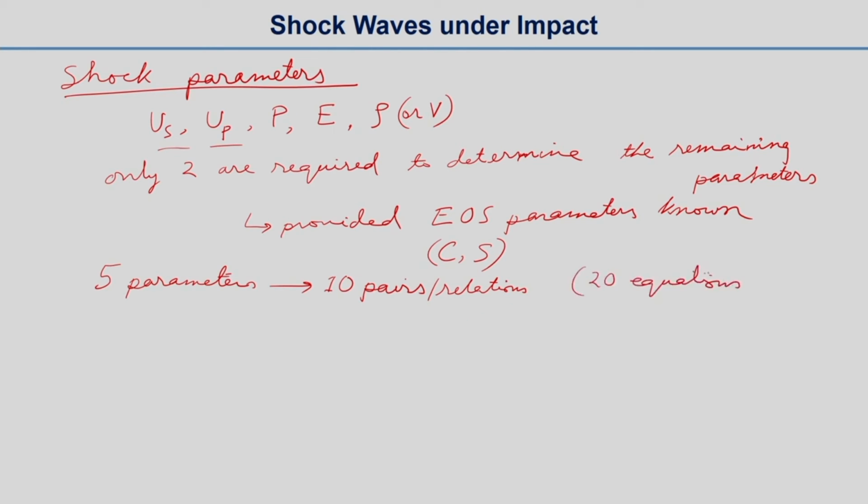Suppose we have a relationship between V1 and Us.